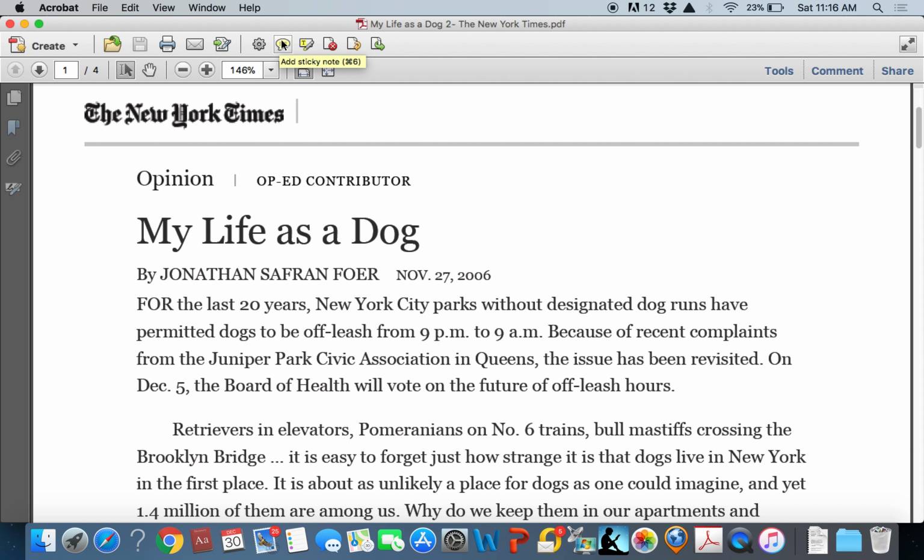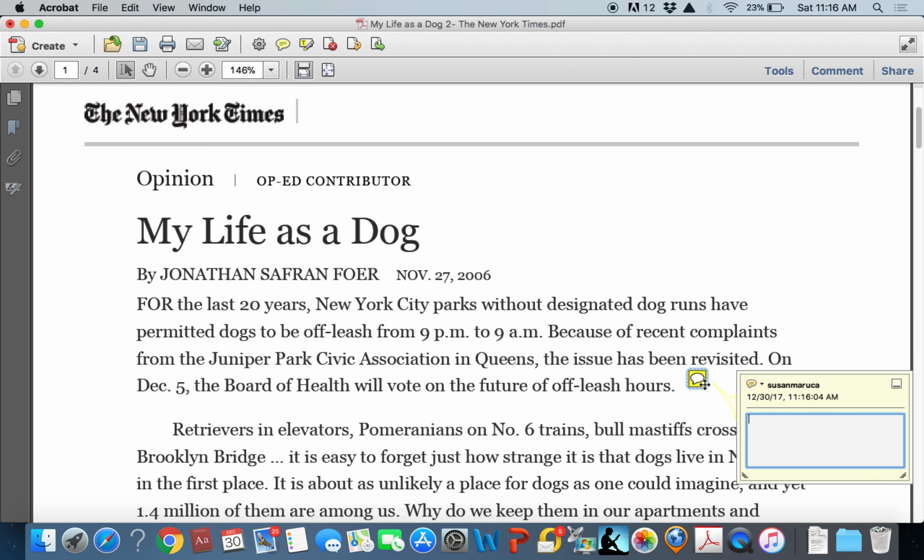So if I were looking at this paragraph by paragraph, I would simply add a note here that says what is actually happening in this first paragraph.